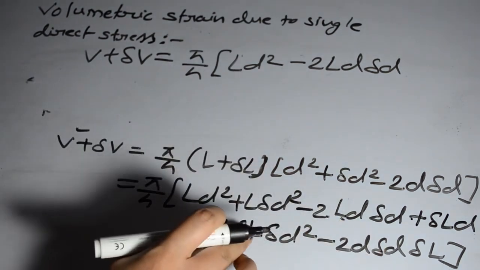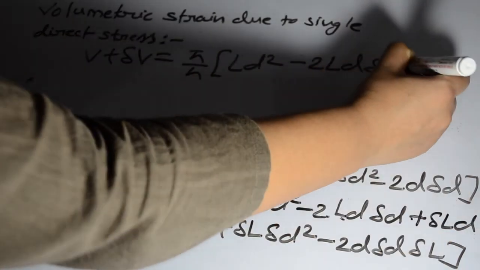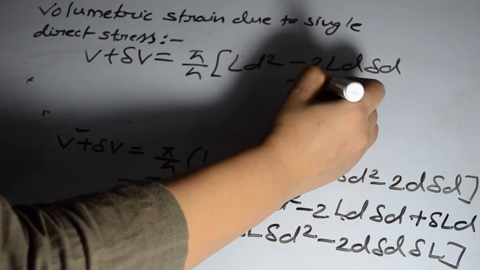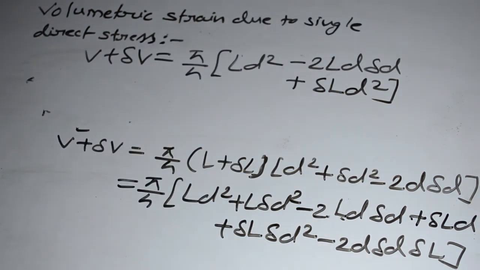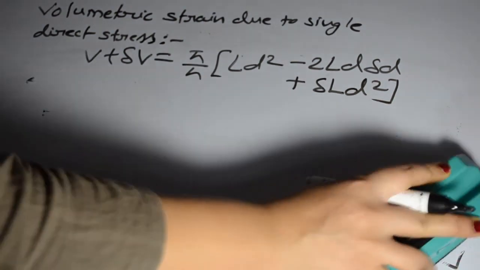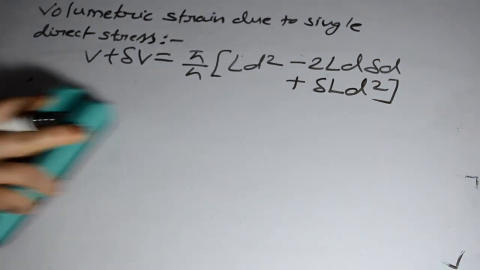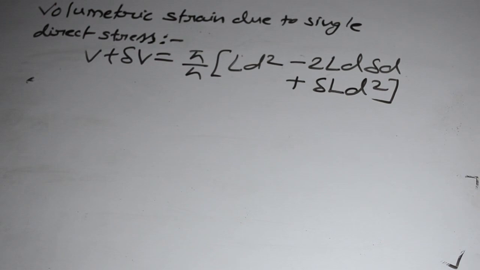Now again plus delta L d square. This is the final equation: pi by 4 d square L minus 2 L d delta d plus d square delta L.